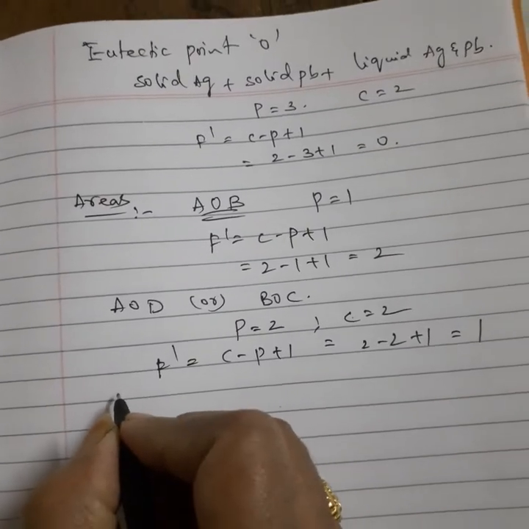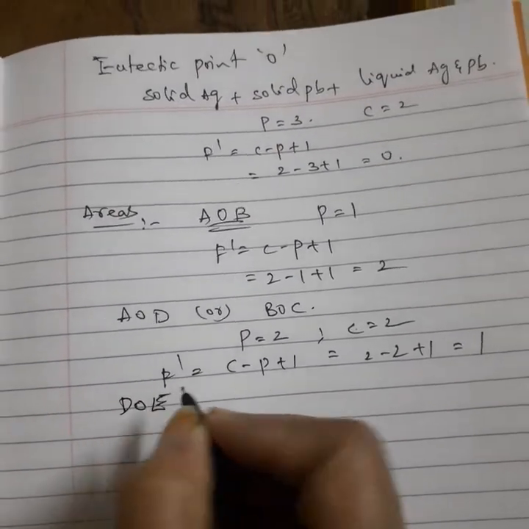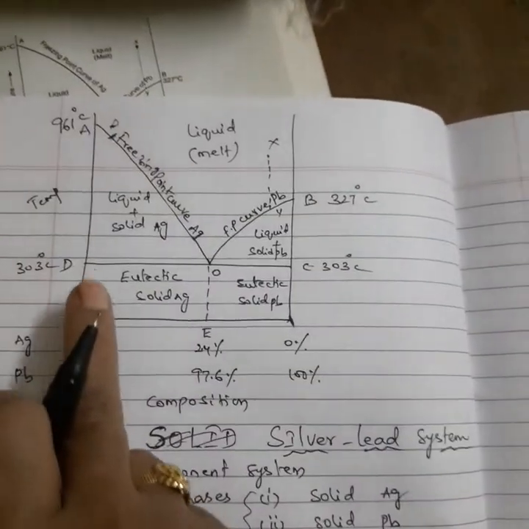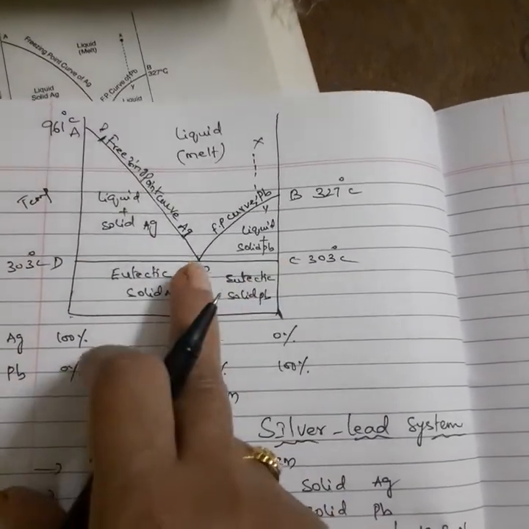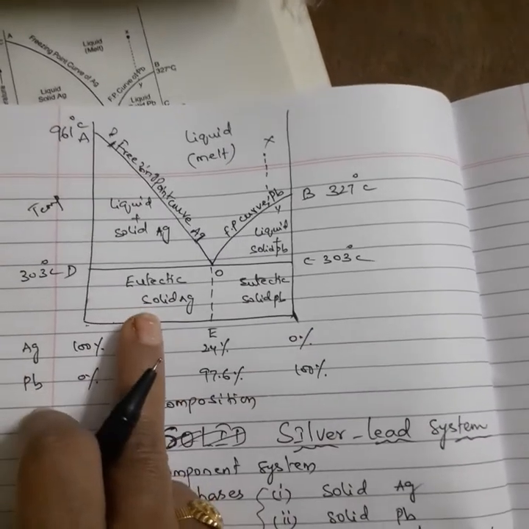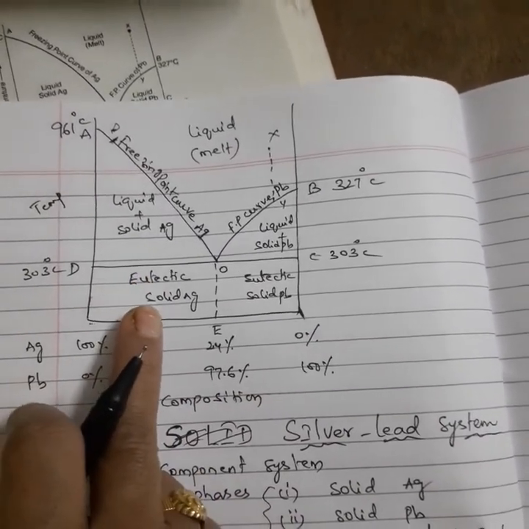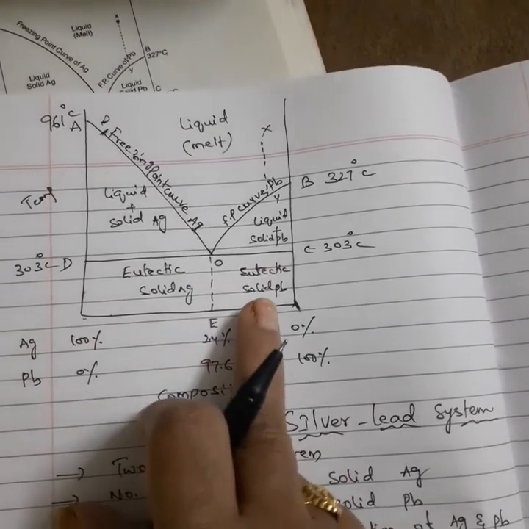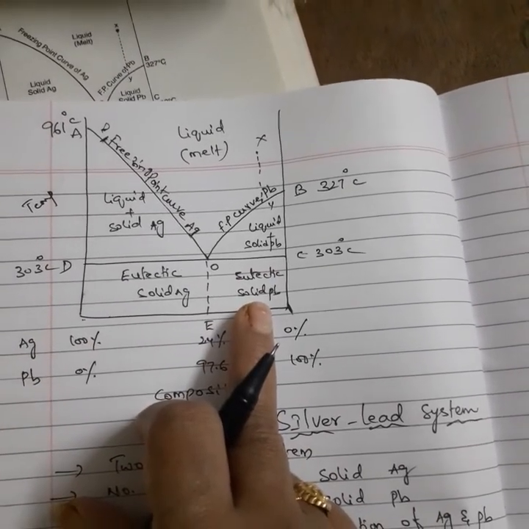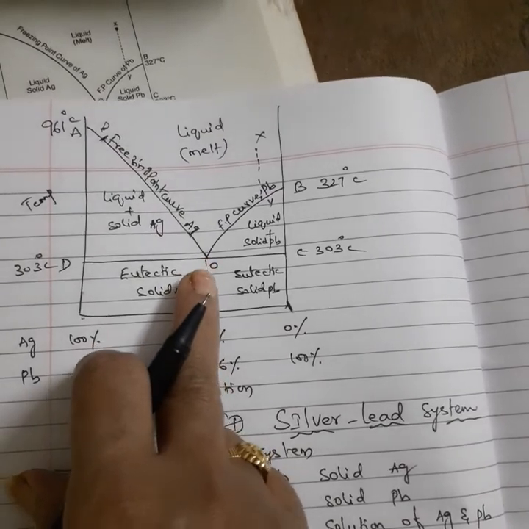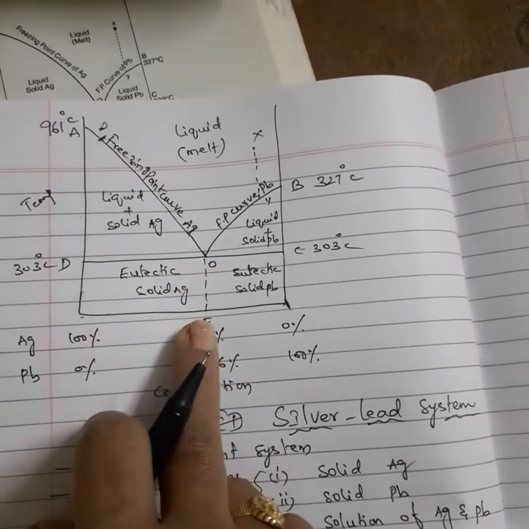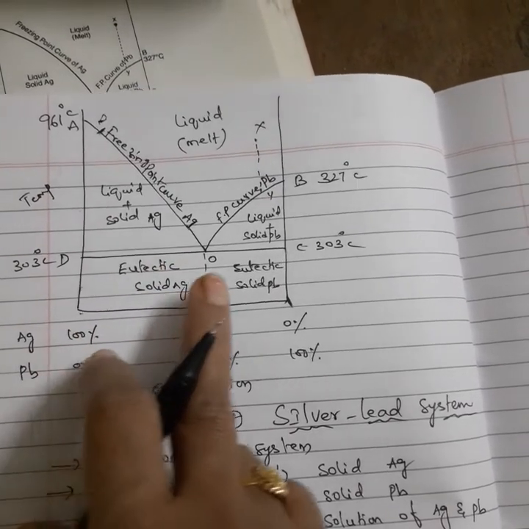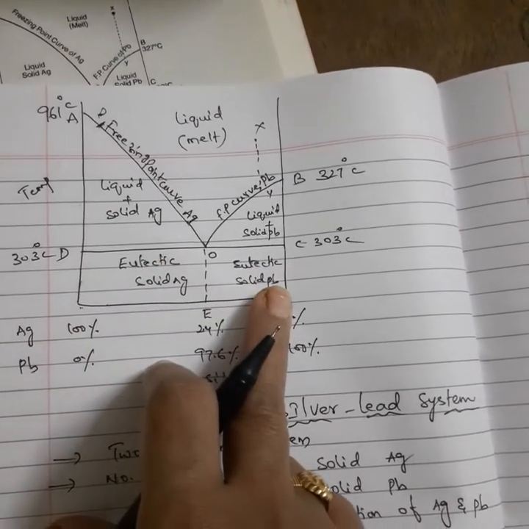Next, there are another 2 areas, DOE and COE. See here, DOE, COE. In this DOE, there are 2 phases, eutectic form as well as solid silver; in COE, eutectic form as well as solid lead. See here, for this O, we are not changing any composition, right? So eutectic form and solid silver are in equilibrium, and eutectic form and solid lead are in equilibrium.